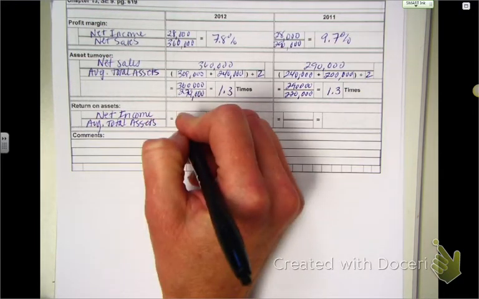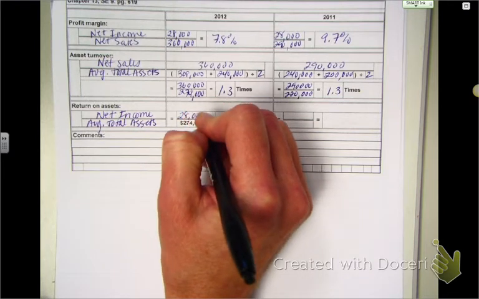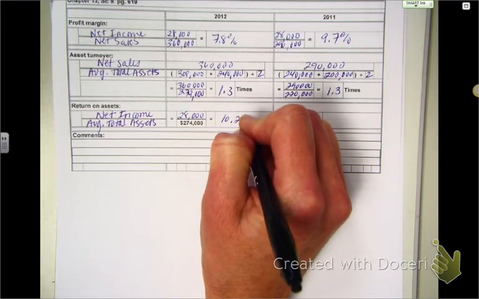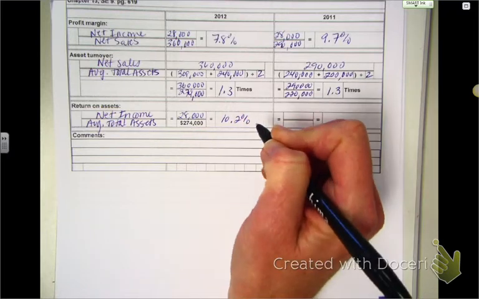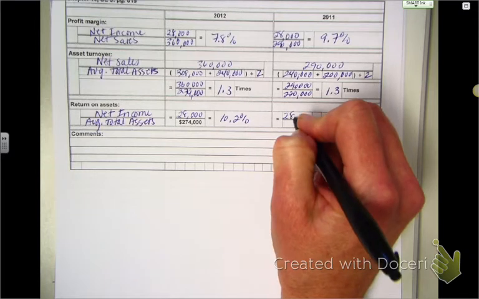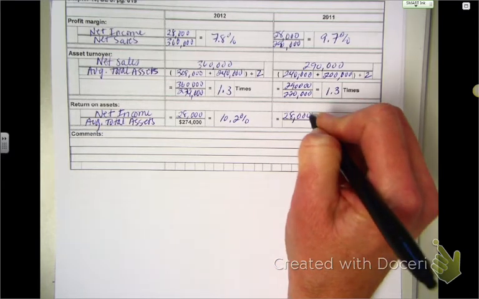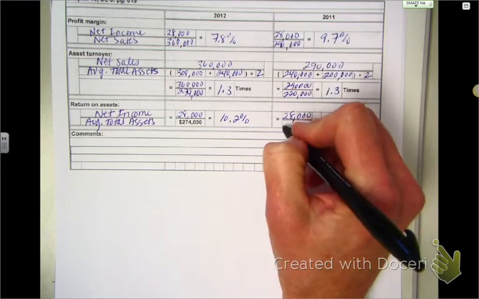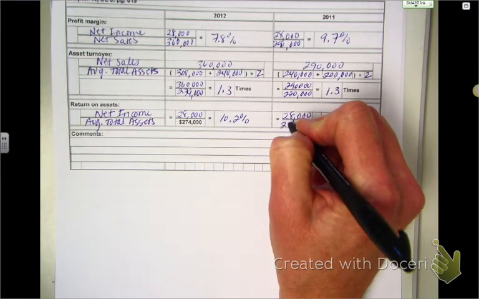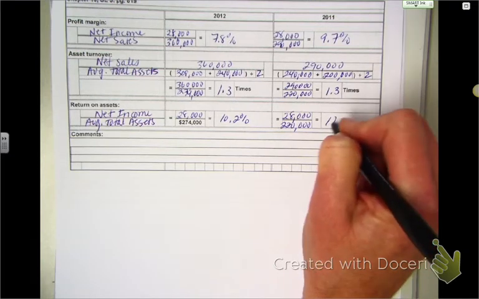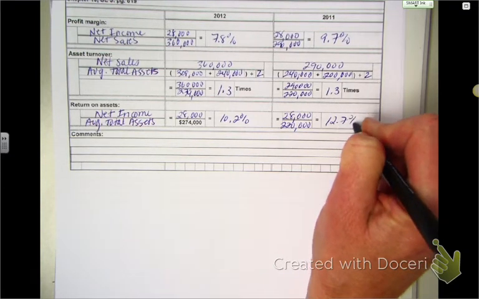So we're going to look at our net income of $28,000 and divide it by the 274, and we get a return on assets of 10.2%, which is pretty good. And again, our numerator is going to be the net income over the average total assets, and for 2011 this will give us a 12.7% return on assets.